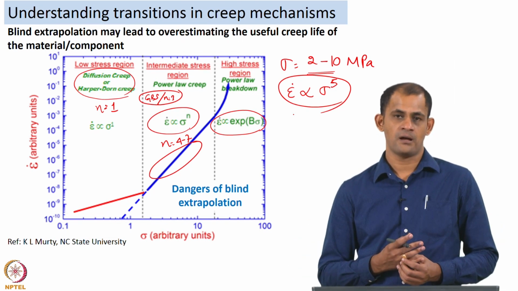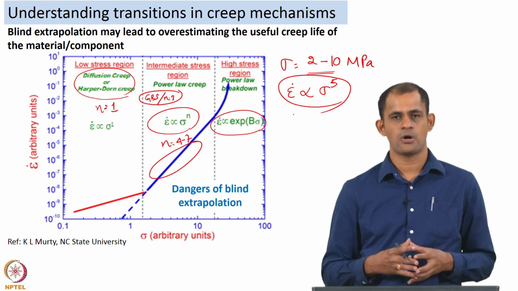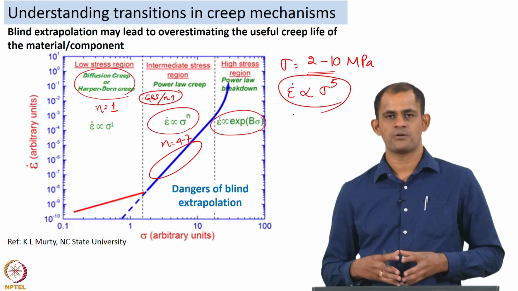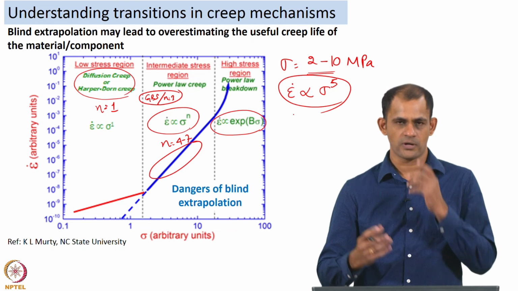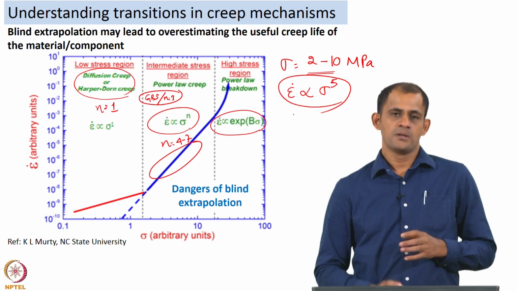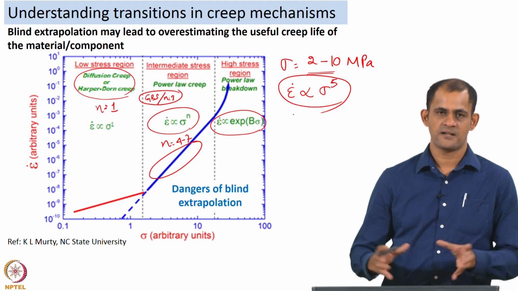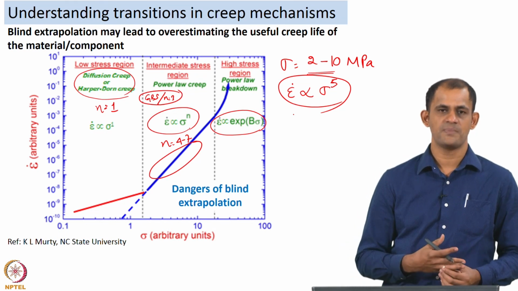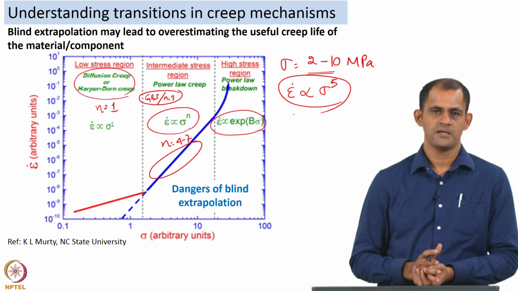Generally, when agencies are developing components, they try to carry out accelerated tests so that they can bring down the time required for product development. So, in such a scenario, as an engineer you are running an accelerated program to understand the creep behavior of a material which is going to be used in a gas turbine engine.